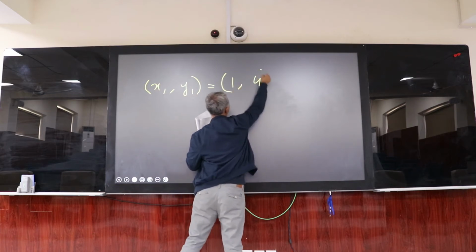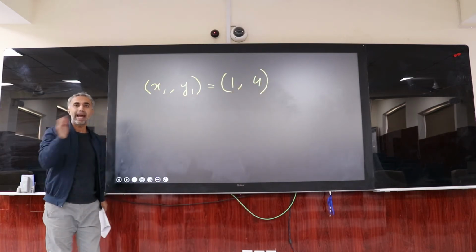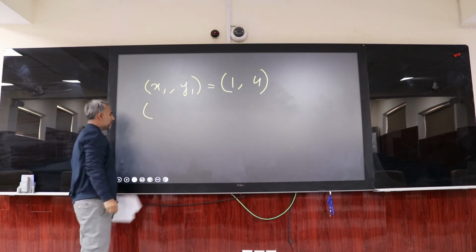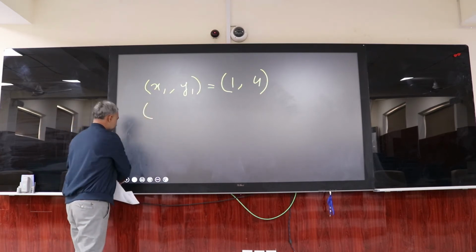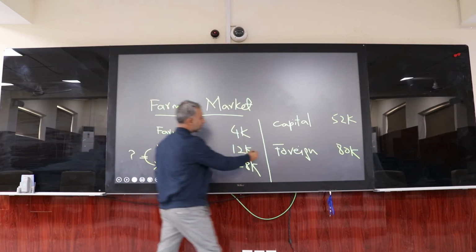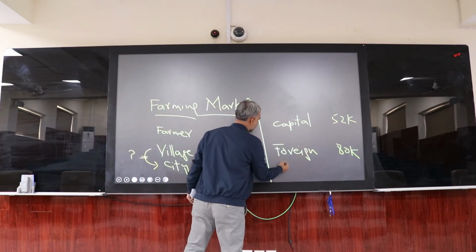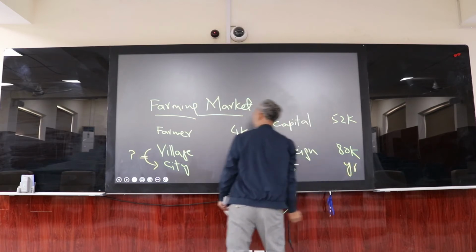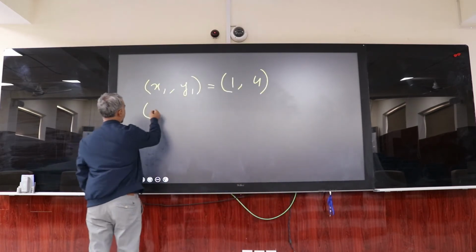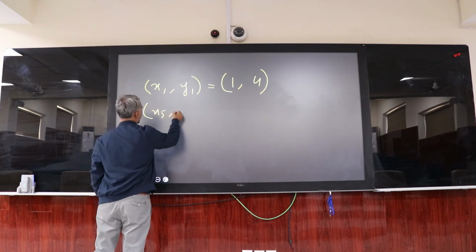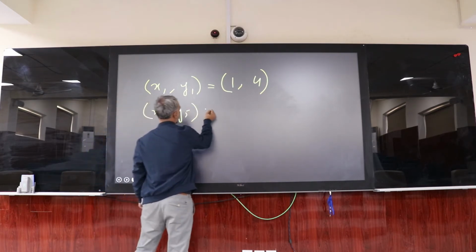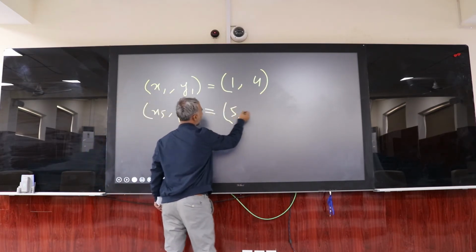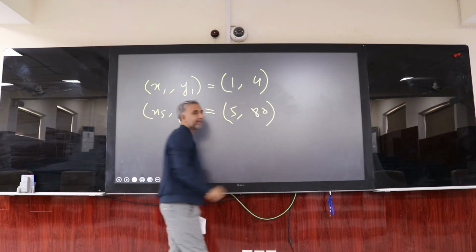Price is 4,000, and the last point, the fifth point, fifth location, is X5, Y5, with price 580.